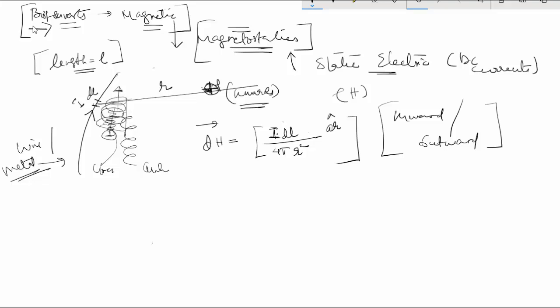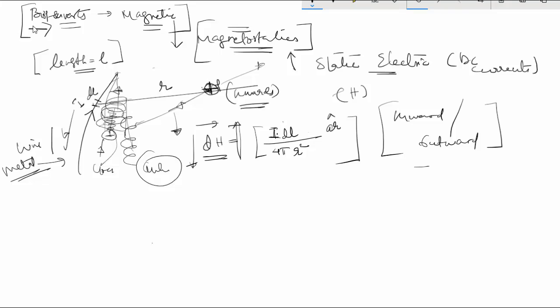Whichever direction you are turning it, the current is flowing in this direction, so the screw will be moving in this direction. So the direction of the magnetic field intensity will be inward. But in this case, when the current is opposite, then the right-hand screw will have to be turned in the clockwise or the anti-clockwise direction, and in that case the direction will be outward, coming out of the point rather than going into the point.